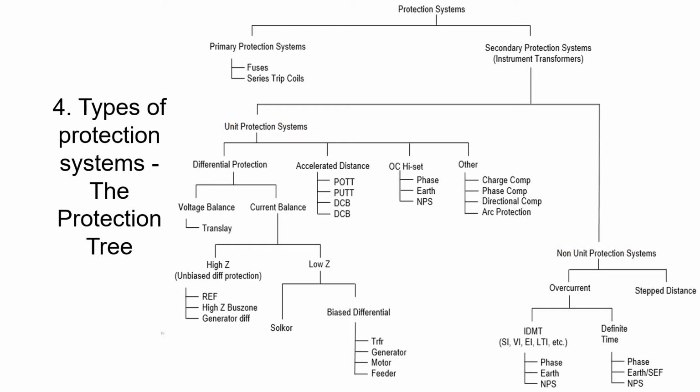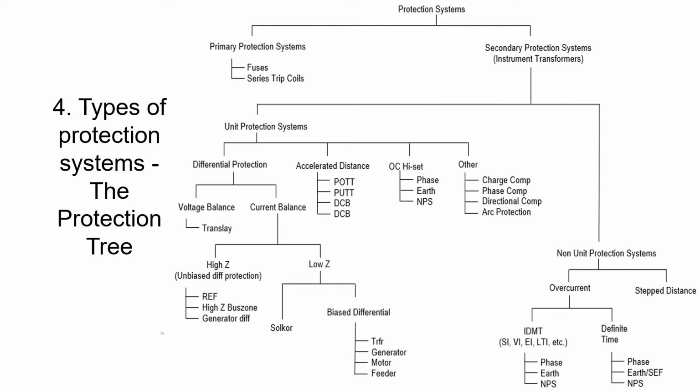With unit protection systems, we are talking about protection systems where the area of operation of the protection system is well defined. There are well-defined boundaries, normally the location of the current transformers.